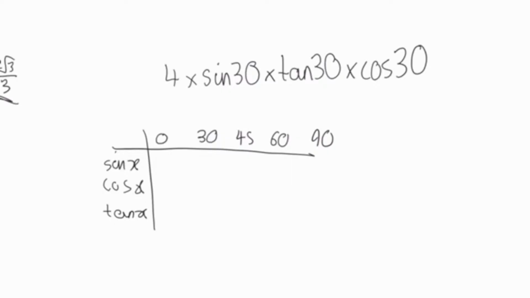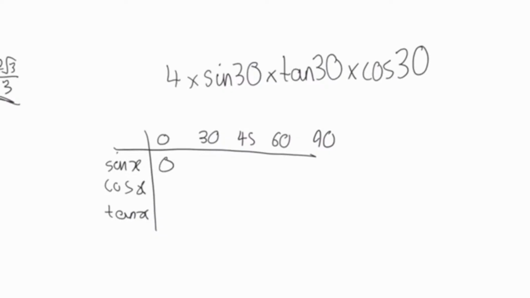I'm just going to fill it out, but you've got to remember this for your exam. I'd recommend looking at this literally an hour or two before your exam, just to make sure you fully memorize it. For the first column, sine of 0 is equal to 0, cos of 0 is equal to 1, and tan of 0 is equal to 0.